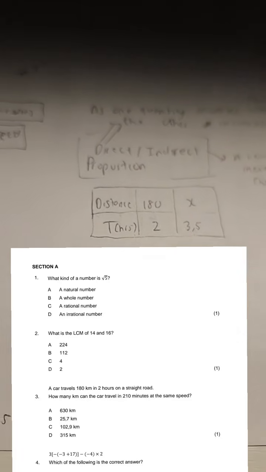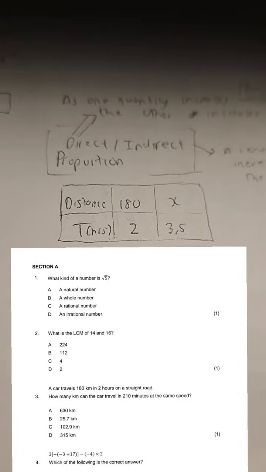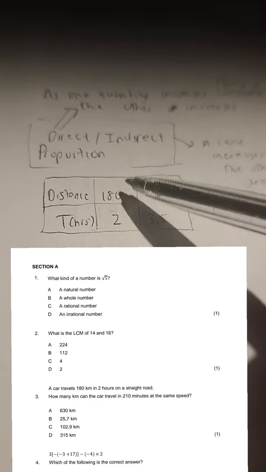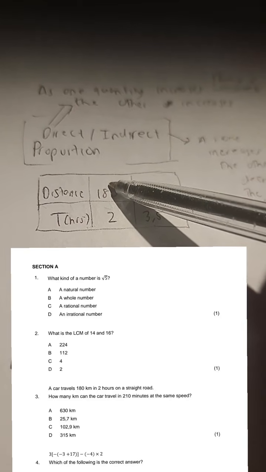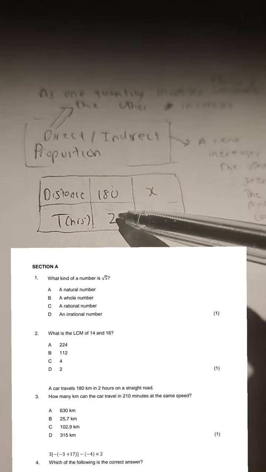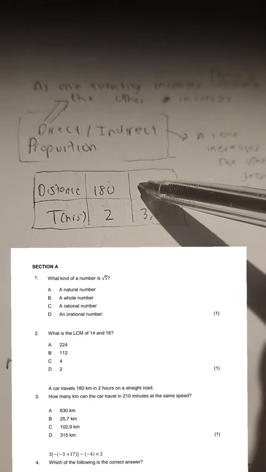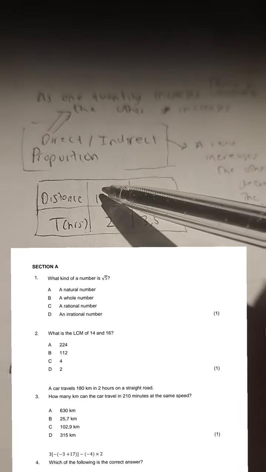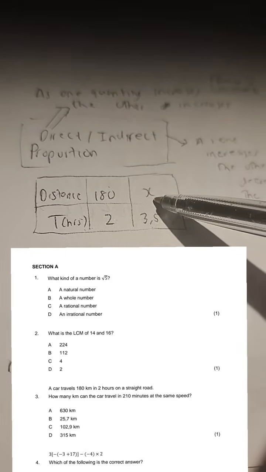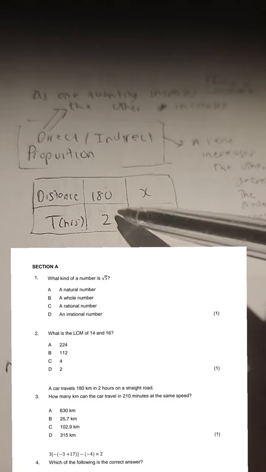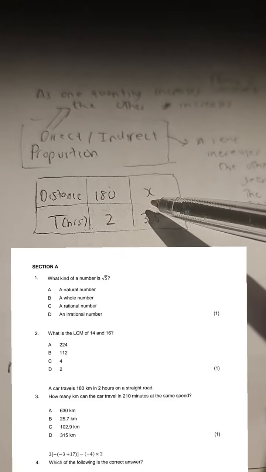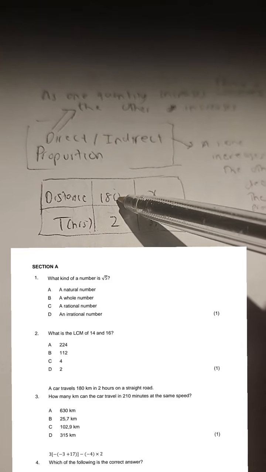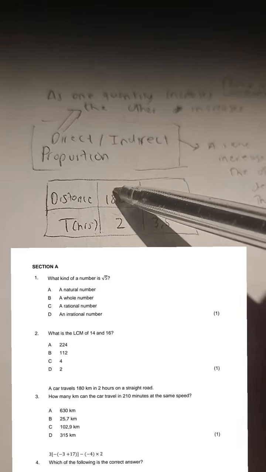So logically speaking, I want you guys to first apply understanding. What is happening here? As distance is 180 kilometers at 2 hours, what are we expecting here? Since now it's 3.5 hours, are we expecting the distance to be more, or are we expecting the distance to be less?